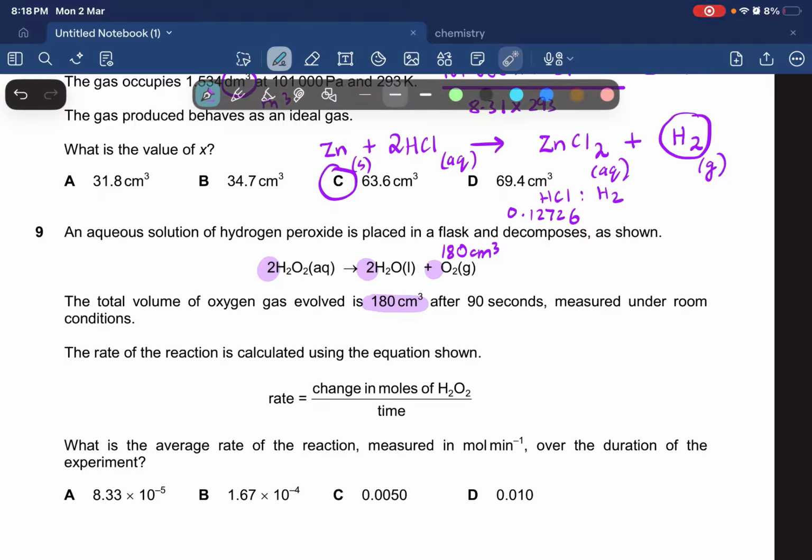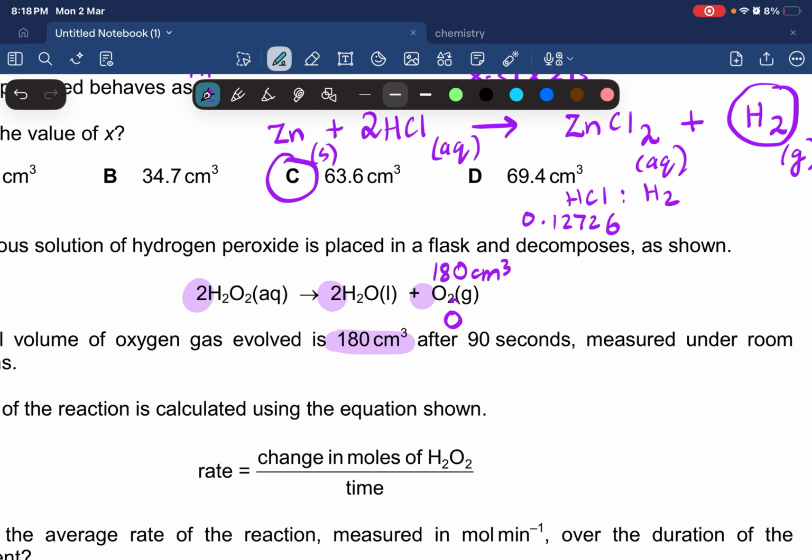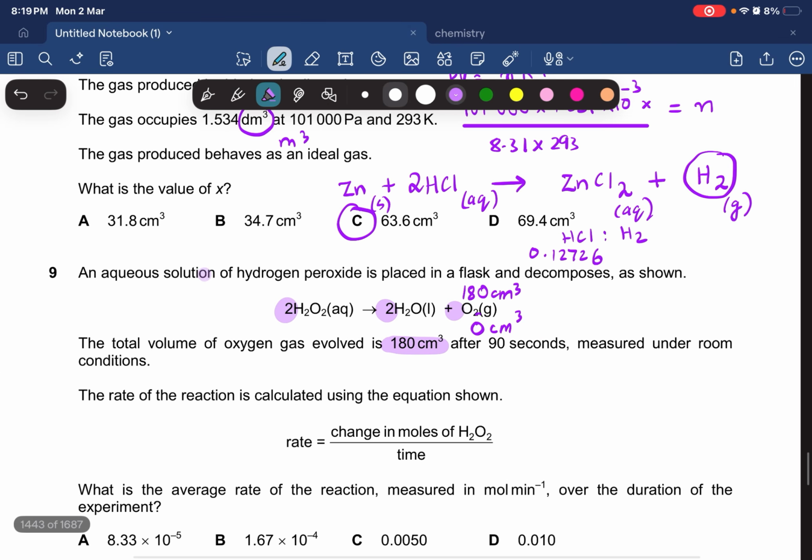Obviously we know that the initial volume of oxygen is 0 cm cube. Why? Because initially we just put hydrogen peroxide in the flask and now it has started to decompose.